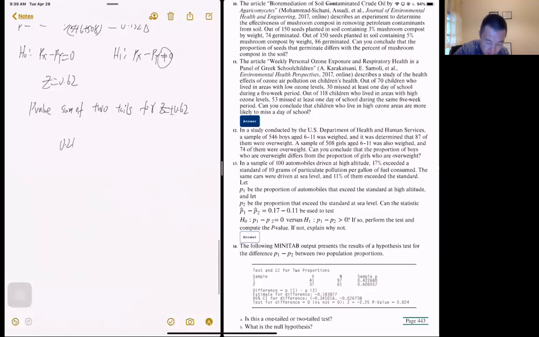0.2676, and then we have another tail, so times 2. The p-value will be 0.5352. This is very large, much larger than 0.05, so we cannot conclude H1 is true.